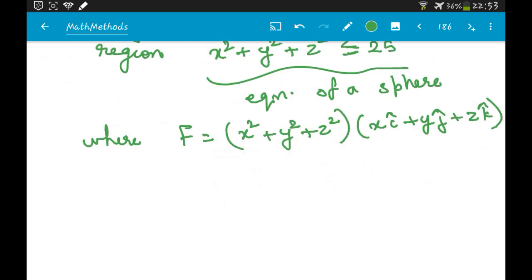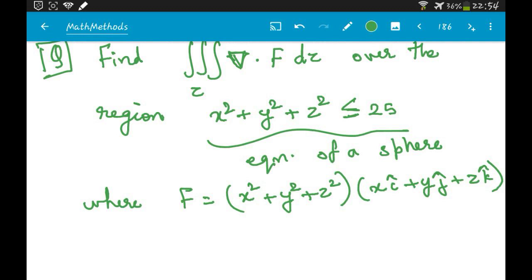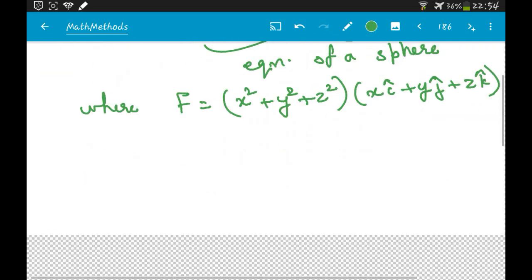So this is what we have to find out. First of all, when you see the divergence of F times d tau, you have to immediately think of the divergence theorem, and we will see whichever way is easy to compute.